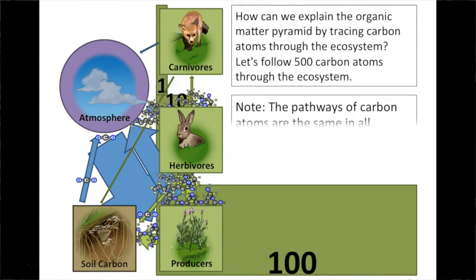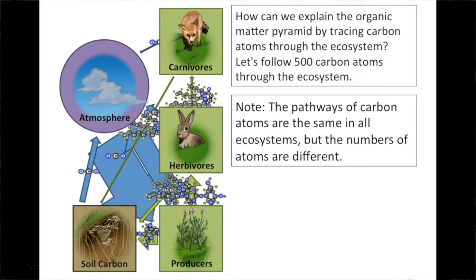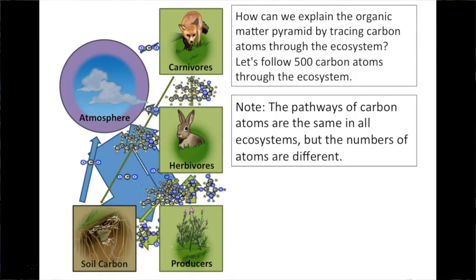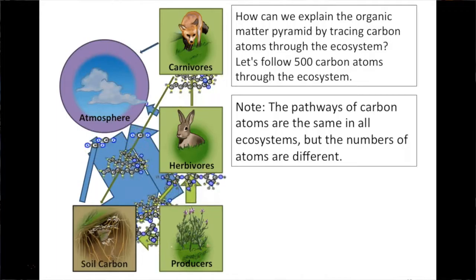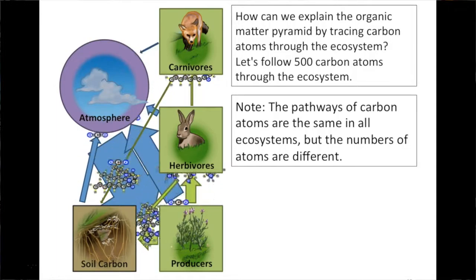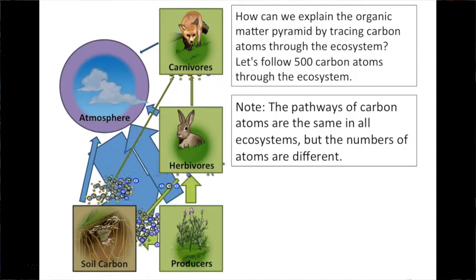And by doing that, the students come to see how the movement of carbon atoms and the processes of photosynthesis and cellular respiration and biosynthesis in these individual organisms inevitably lead to the shape of the biomass pyramid.